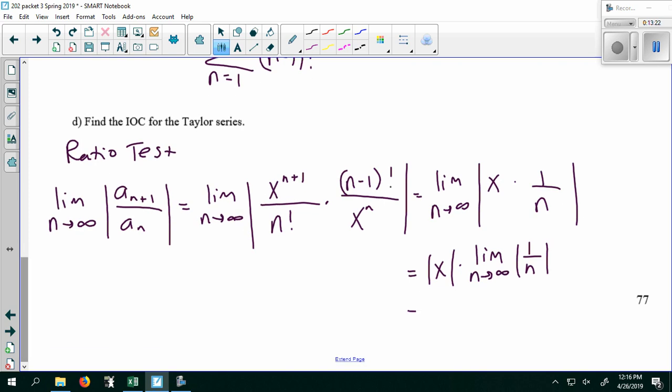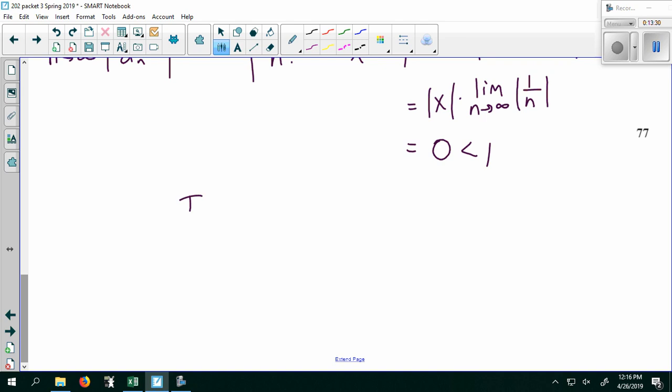So this is 0, which is always less than 1 no matter what x is. So my interval of convergence is negative infinity to infinity. All x's will lead to a limit that's less than 1. So interval of convergence is infinite.